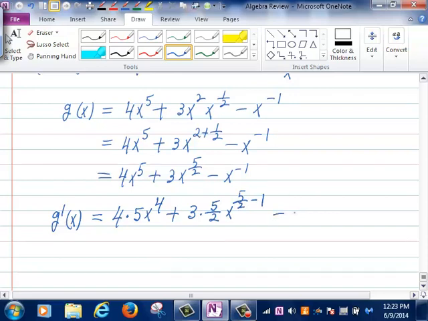Minus, what's the derivative of x to the negative 1? Negative 1 x to the negative 1 minus 1, right? So what is that? 20 x to the 4 plus 15 half x to the what? 3 half, and this would be a plus x to the negative 2, right?